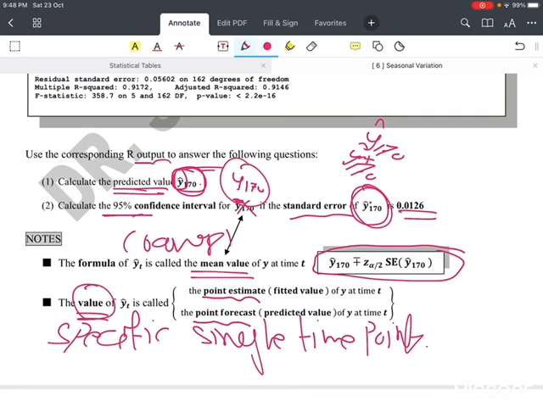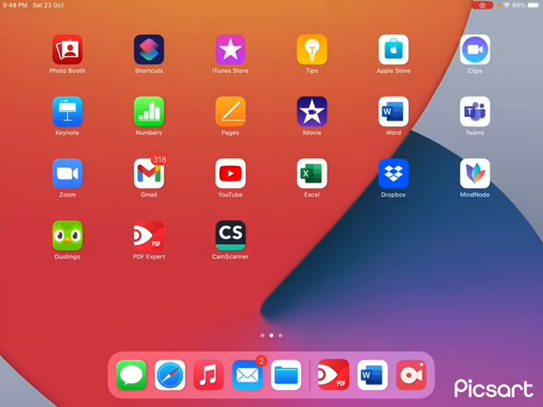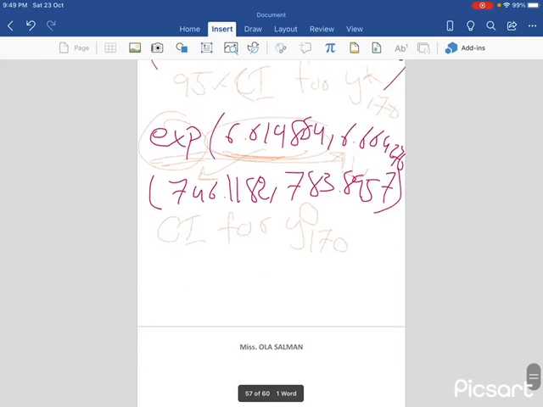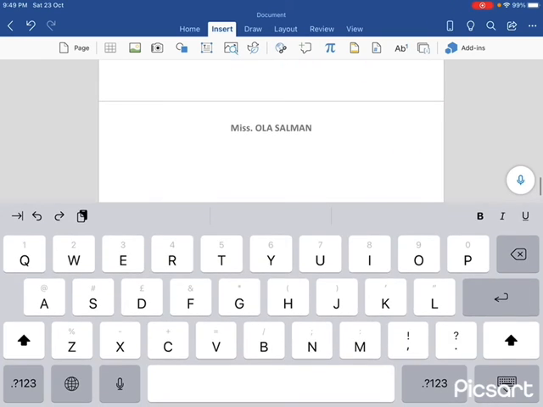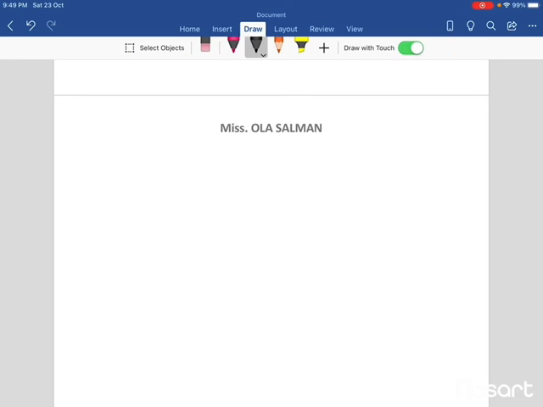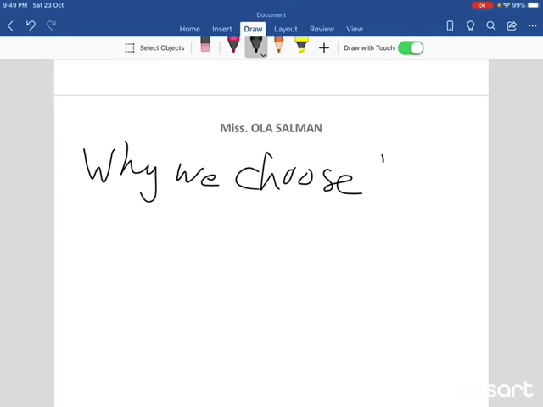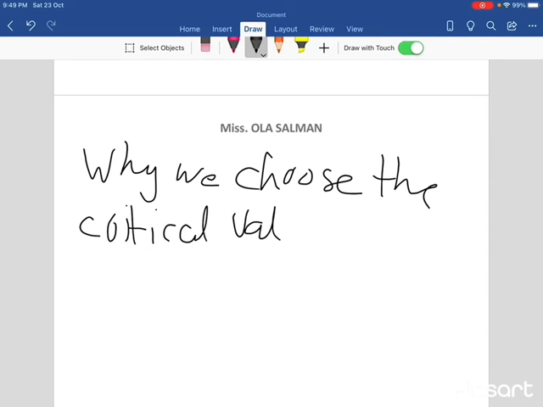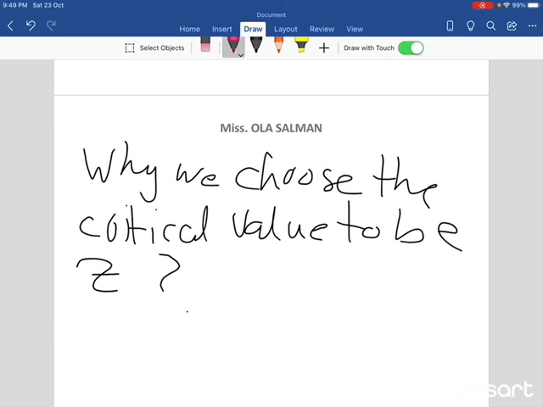Something else about the z value. Why do we choose the critical value to be z? Because t is 168, which means it's greater than 30.